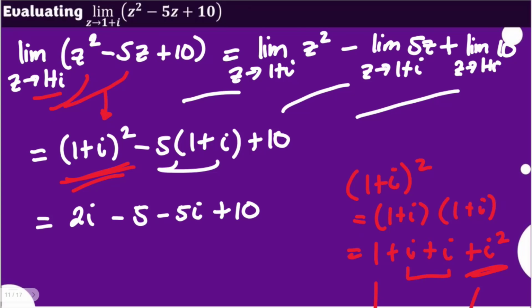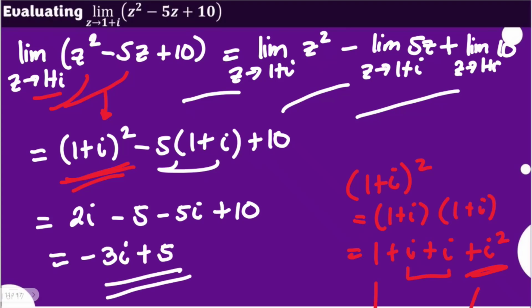So what would be the final answer here if you're going to combine all the real parts together with the corresponding real parts, of course, and if we're going to combine the numerical coefficients of the imaginary parts? So you will have here the form 2i minus 5i is -3i, and -5 plus 10 is plus 5.